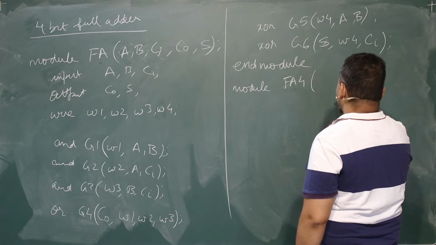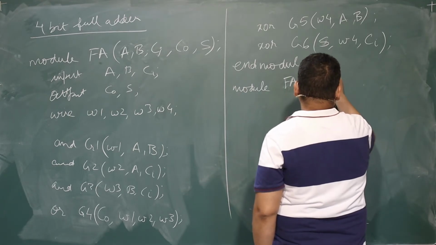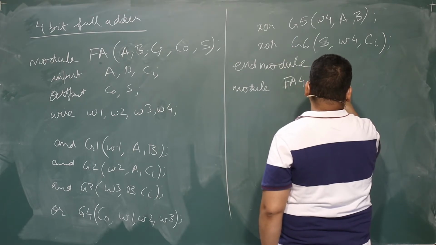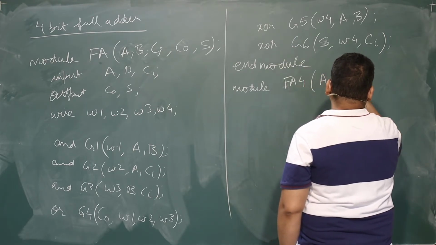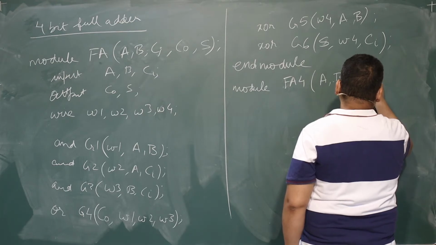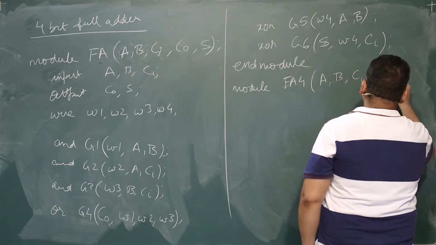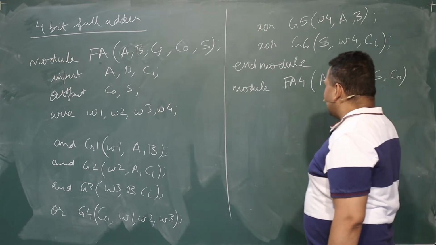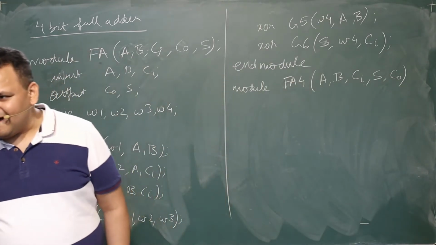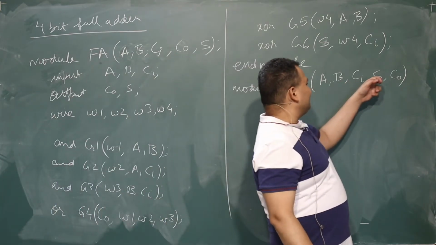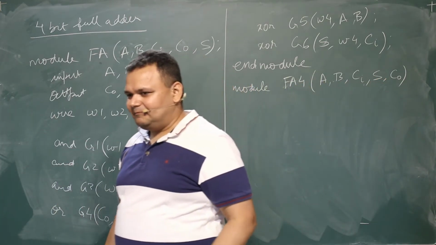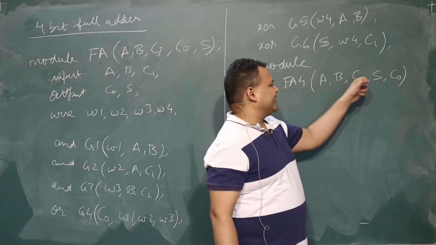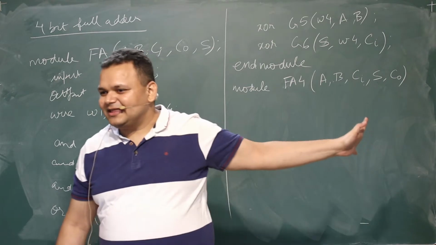So let us call that C. Is there any output? Inputs are A, B, CI, S, and CO. Is that all right? Where A and B and S, all of them are 4-bit vectors. Okay, they are not single-bit vectors.